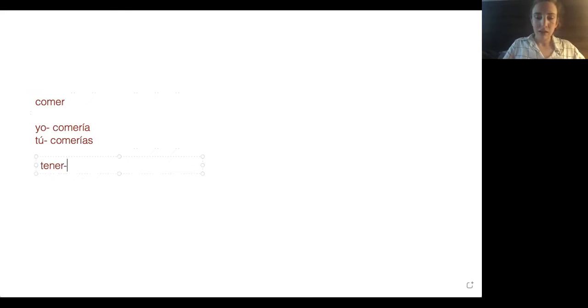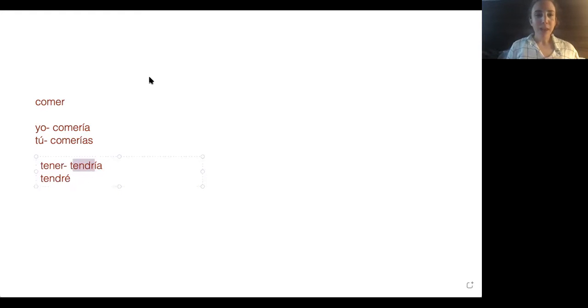Tener is tendr- plus the ending. So tendría for conditional, tendré for the future. Pay attention to the endings and the beginnings of the irregular verbs.